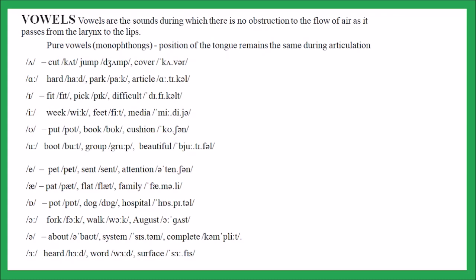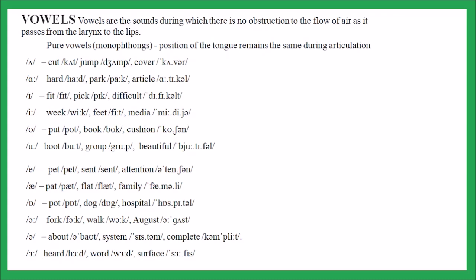Then the long form of U, as in boot, group, beautiful. So the oo sound. A, E, U, oo. The first 6 pure vowels are very similar to those of Indian languages. The following 6 have some slight variations.